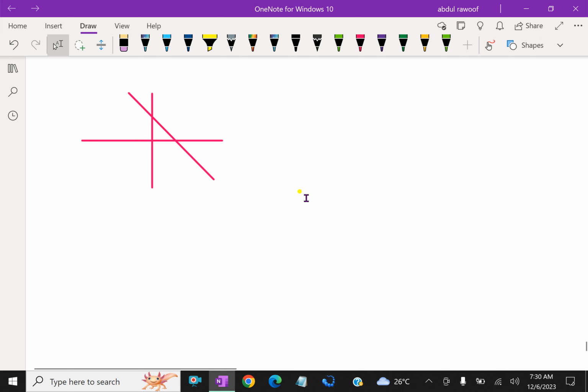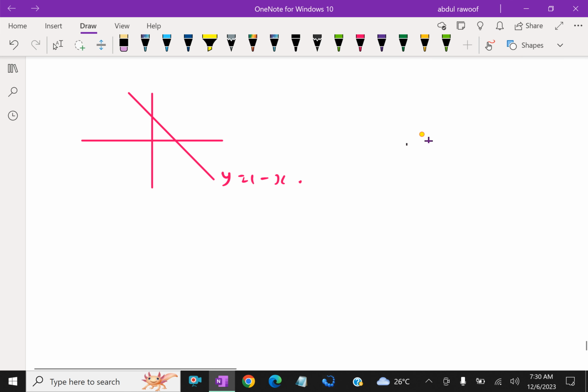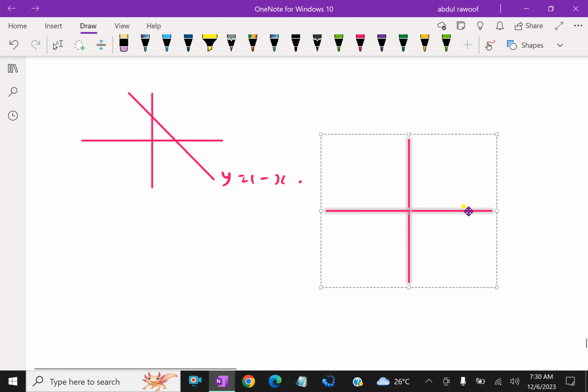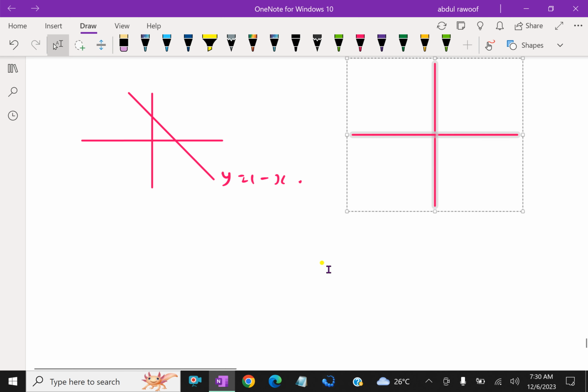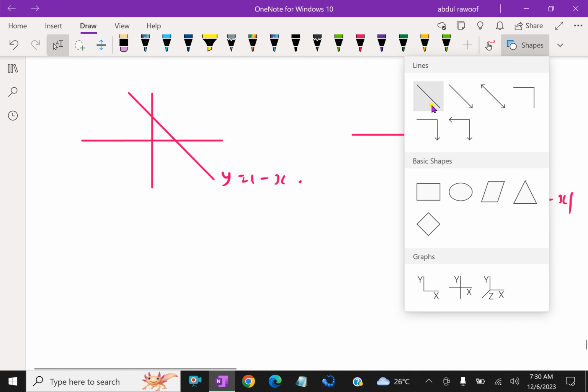This is y equal to 1 minus x. And one more function: this function is y equal to absolute value of 1 minus x. How does it come? Look at here.